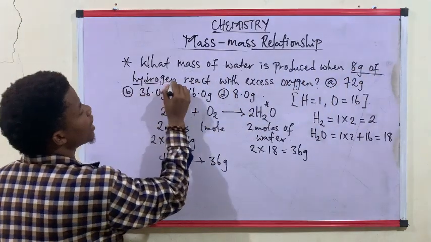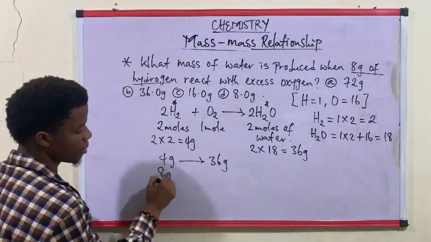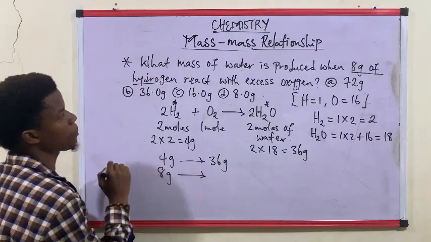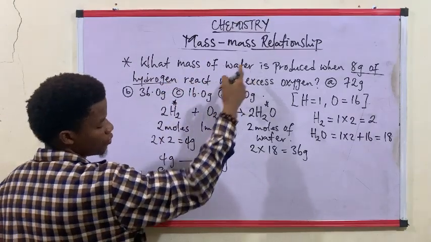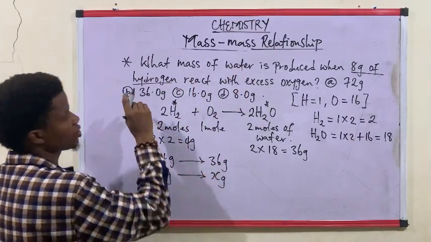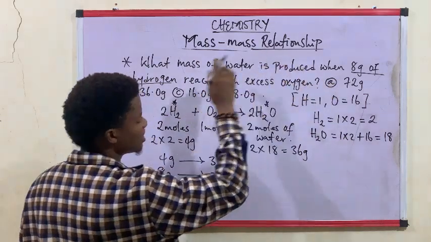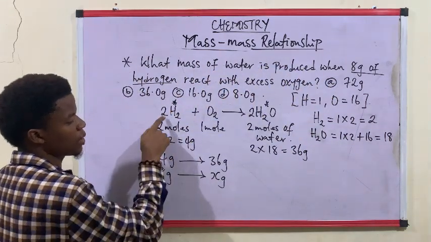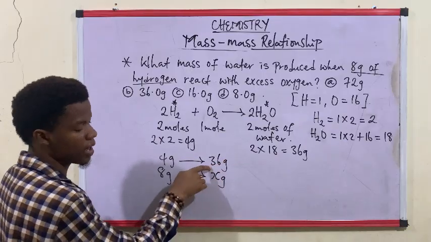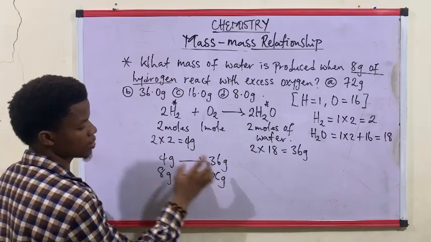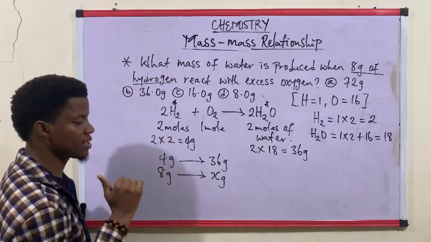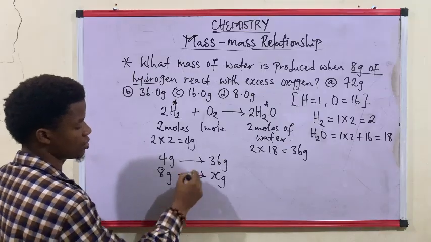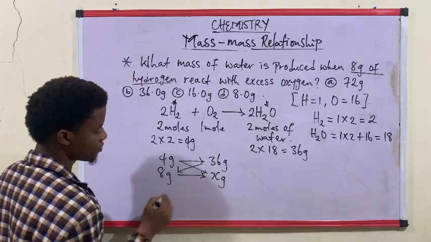8 grams of hydrogen will now produce what mass of water? See the question, what mass of water is produced when 8 grams? So we know that when we use 4 grams of hydrogen from the balanced equation, we are going to get 36 grams of water. So now, what mass of water is formed when you use 8 grams of hydrogen? So you're going to cross multiply.